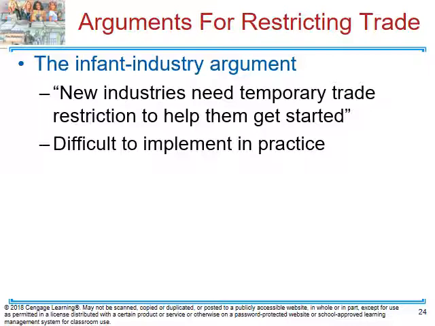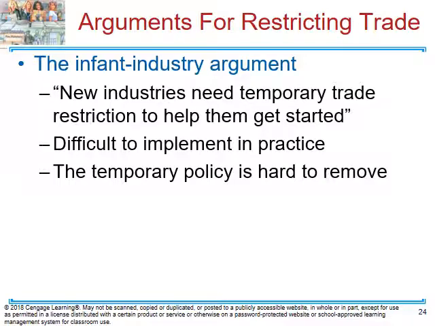And mostly it's a political decision, or it's mostly those who can influence the government who will try to get protection for their own industry. Another argument is that once this policy is implemented, or when an industry is being protected against international trade, it's very hard to remove this protection later on.